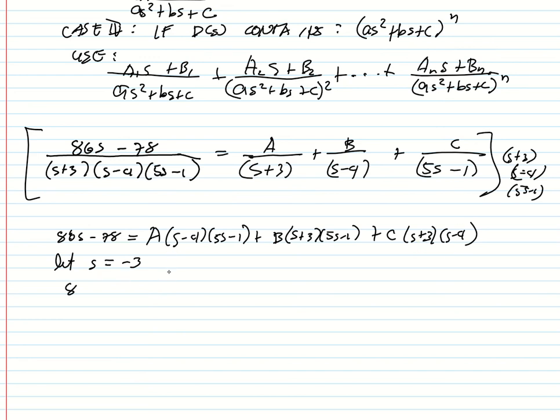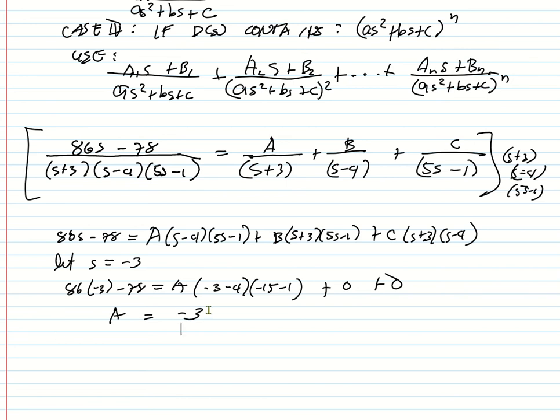So we have now 86 times negative 3 minus 78 is equal to a times negative 3 minus 4, then you multiply it by 5 times negative 3 is negative 15 minus 1. Then you can now solve for a, plus 0, plus 0. This is 0 because negative 3 plus 3 is 0. Then the value of a, based from this, negative 336 divided by negative 7 times negative 16, is negative 3. So our a is negative 3.